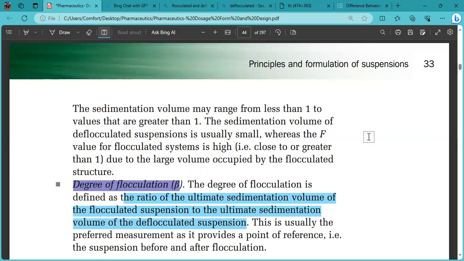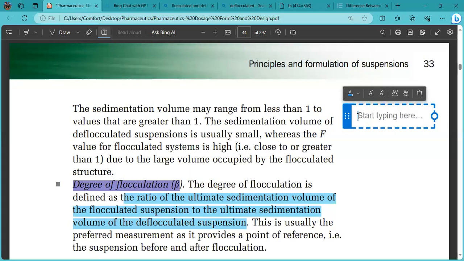Just a quick recap: any number significantly less than 1 means it's deflocculated.